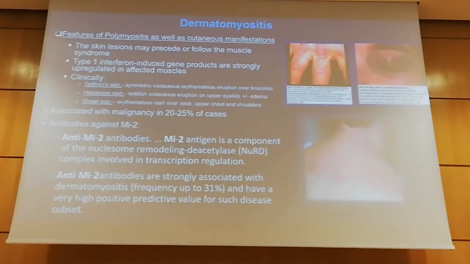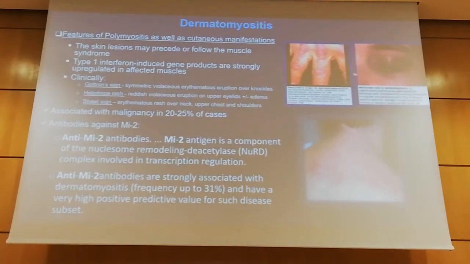Dermatomyositis is polymyositis plus skin eruption in the form of a violaceous erythematous eruption that could be over the knuckles, what you call Gottron sign, or over the eyelids, what you call heliotrope sign, or over the upper front, over the shoulders and the neck and the chest, and that's what we call the shawl sign.